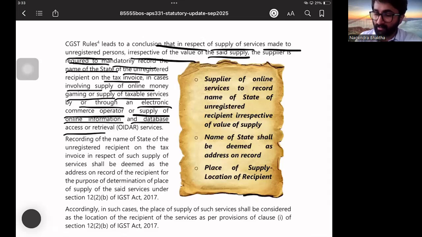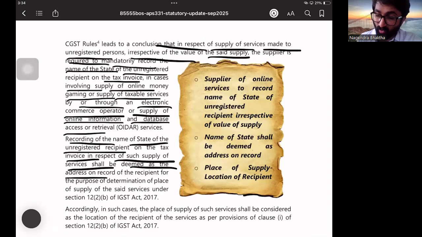That is required. Recording the name of the state of the unregistered recipient on the tax invoice shall be deemed as the address on record of the recipient. So the state I mentioned in the invoice itself is considered the address of the recipient, and that address will be the place of supply.